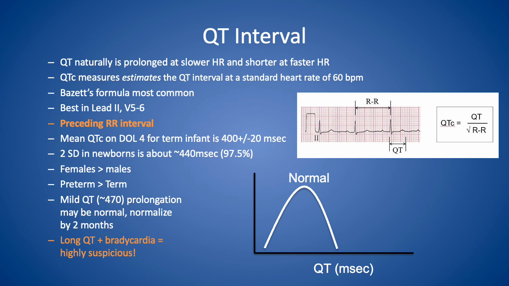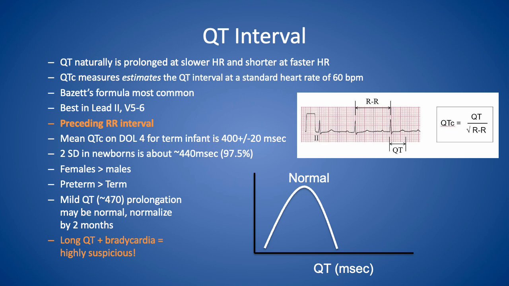The most common is Bazett's formula, which is the QT interval divided by the square root of the preceding R to R distance. It's typically best done in lead 2, but you can also look at your chest leads V5 and V6. And you measure the preceding R to R interval, not any other R to R interval.